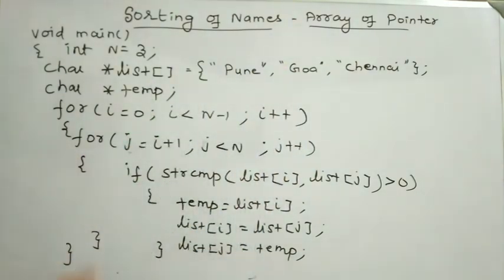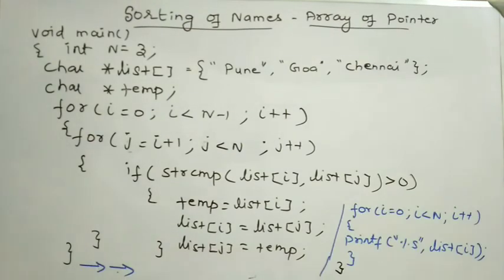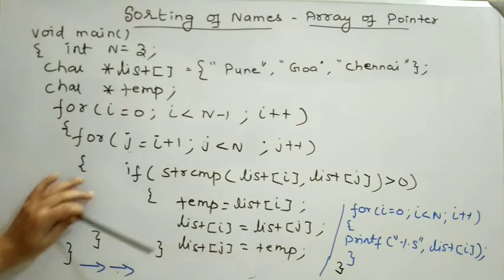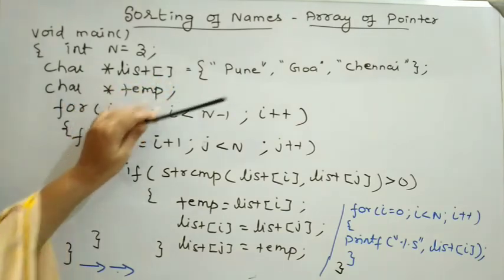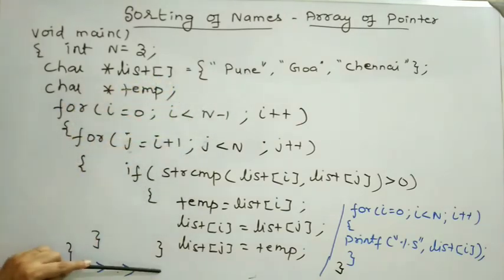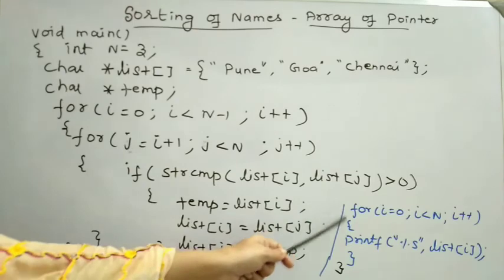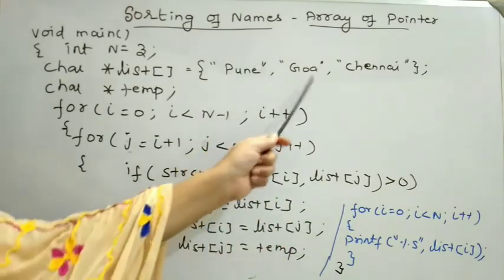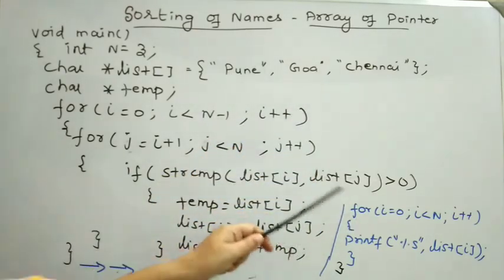If I want to check, I need to print the values. So after I have successfully arranged the given list of string values in alphabetical order, I need to print the values. Since I don't have space here, I have written my output statement here. I need to print more than one value, so I am using this for loop.